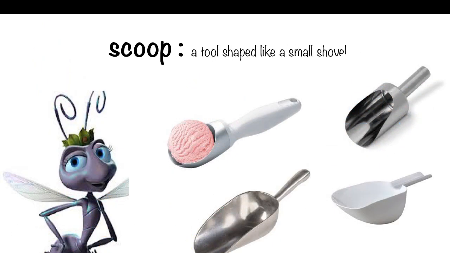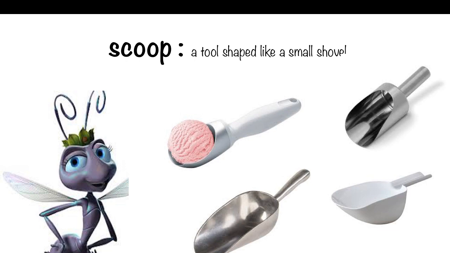So let's go to the word scoop. Scoop is a tool that looks like this. It looks like a little shovel. When you go to Baskin Robbins, you will ask them, can you please give me 1 scoop of ice cream? Or you can have 3 scoops of ice cream.